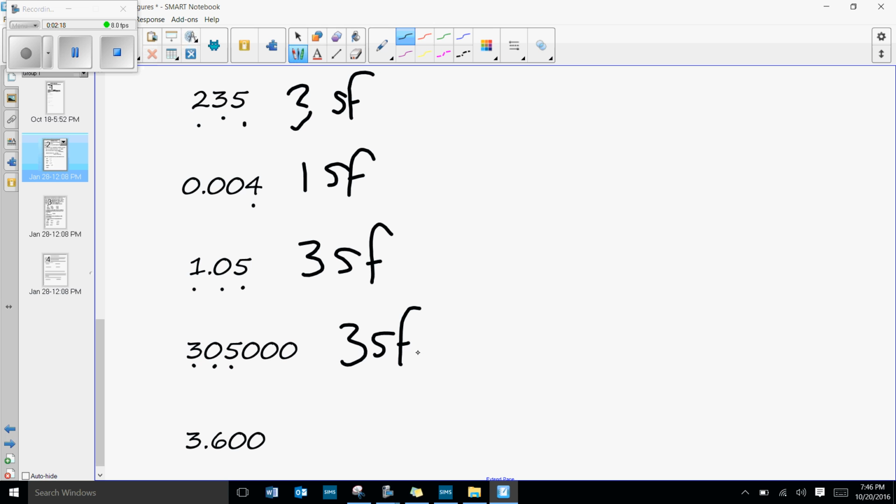These zeros at the end are what we call placeholders. In the final example, as I said before, because the zeros have been put in after the decimal point, they are classed as significant. So this would have 1, 2, 3, 4 significant figures.